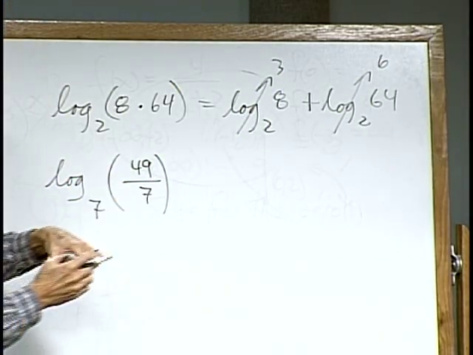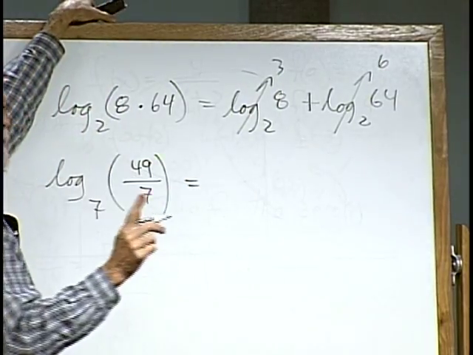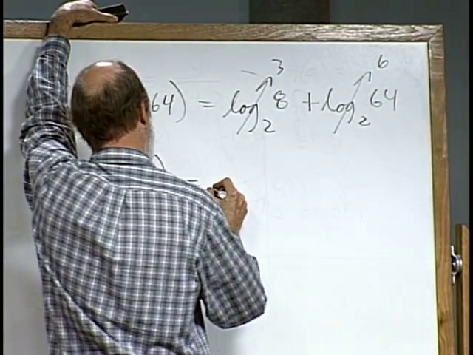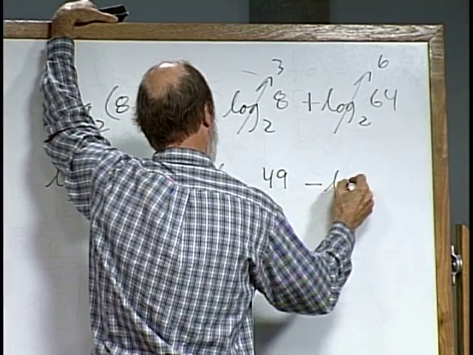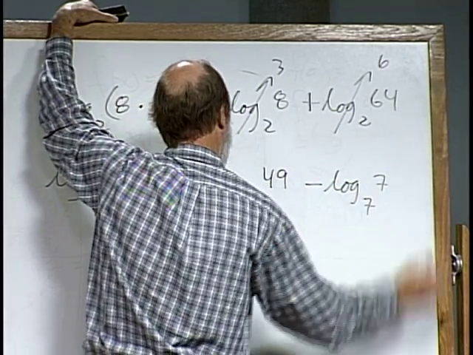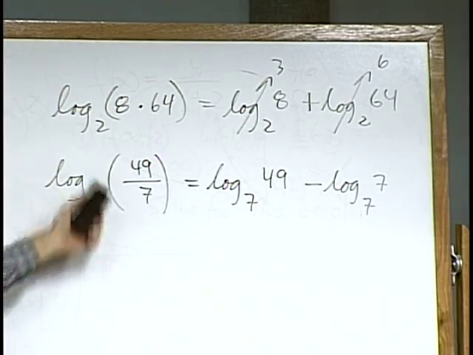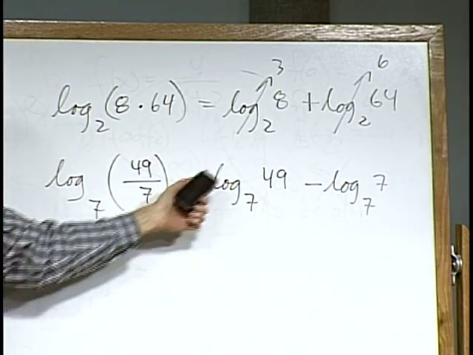The log of a ratio is equal to the difference in the logs. So this is going to be the log base 7 of 49 minus the log base 7 of 7. The log of a ratio is equal to the difference in the logs.